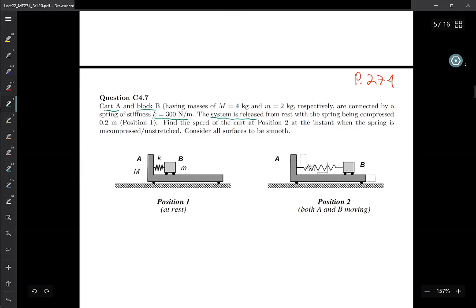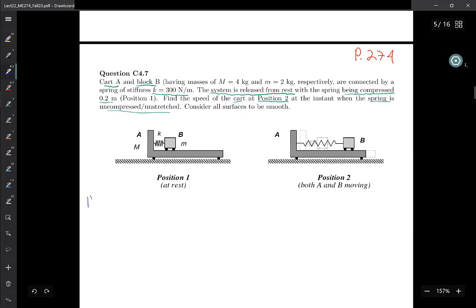The system is released from rest while the spring is compressed. We're asked to find the speed of the cart at position 2, when the spring becomes uncompressed. There is no friction. So let's write the find: we need vA2, right?